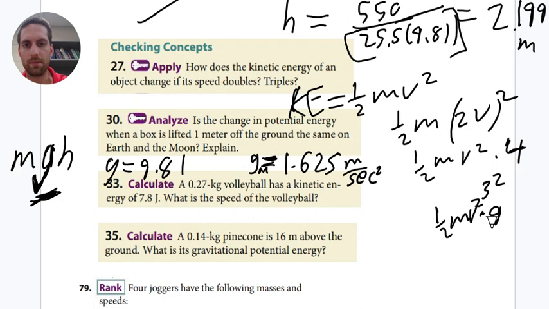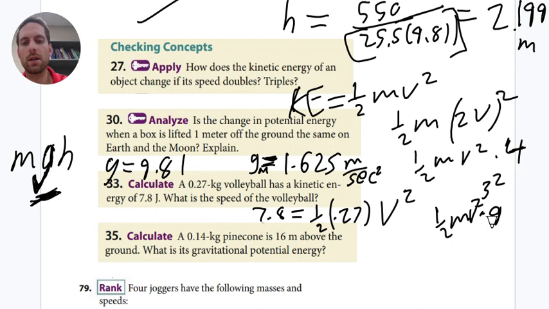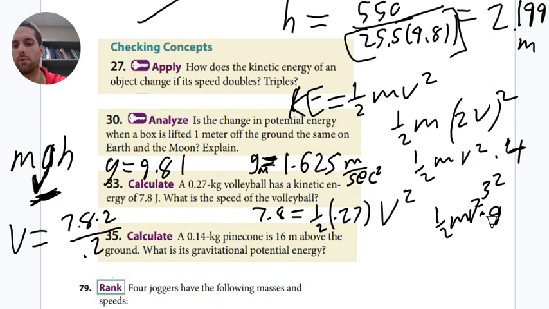All right. So another problem with a mass and an energy, wanting to find the speed. So 7.8 equals 1/2 times 0.27 times velocity squared. Velocity is 7.8 times 2 over 0.27, square rooted.